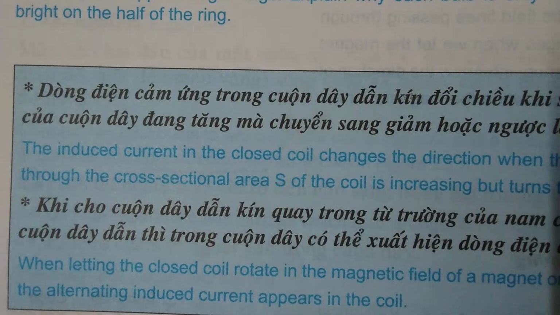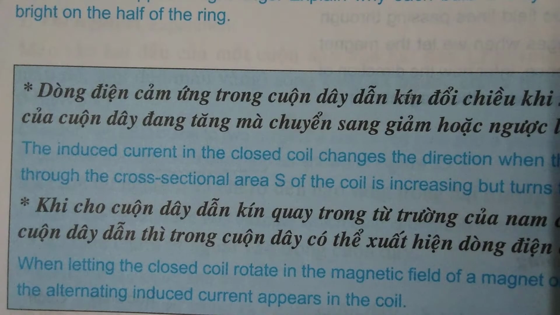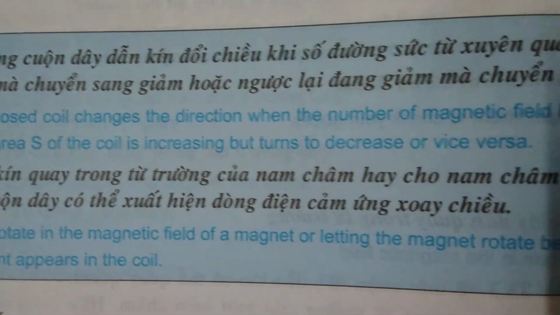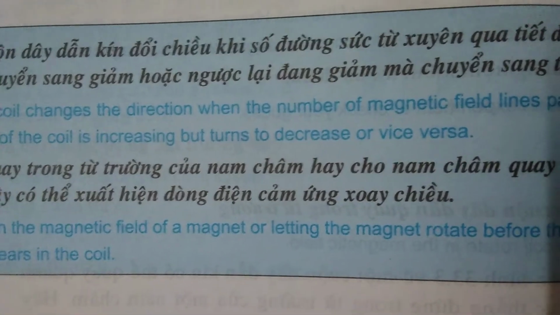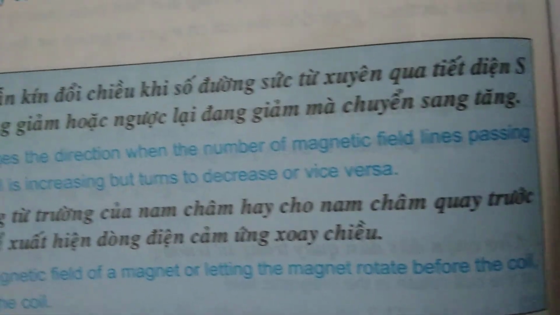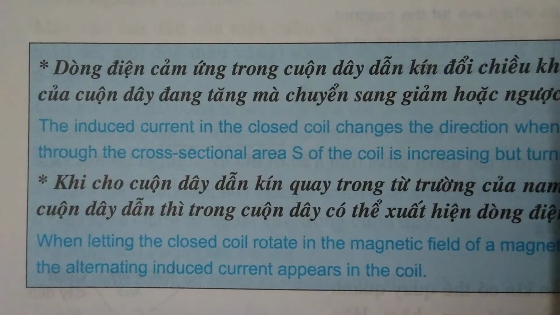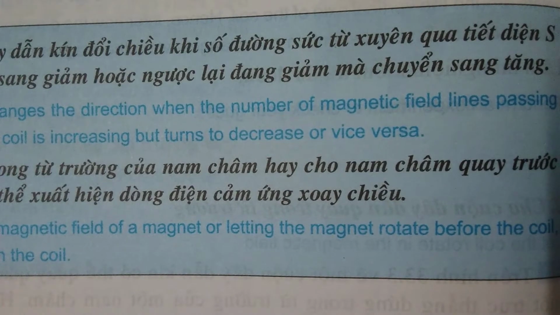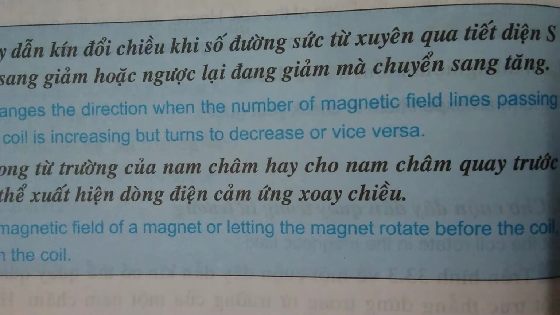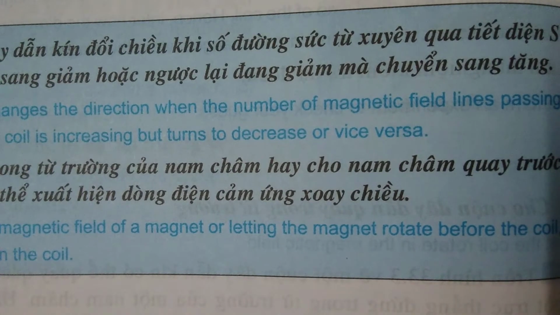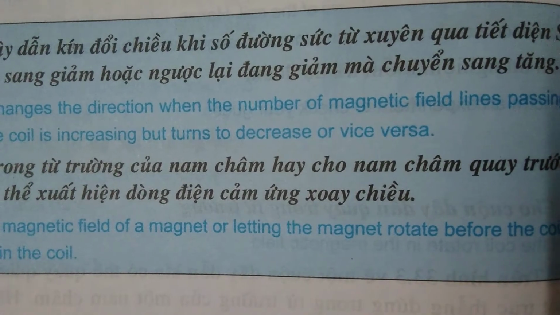The induced current in the closed coil changes direction when the number of magnetic field lines passing through the cross-sectional area S of the coil is increasing but tends to decrease, or vice versa.